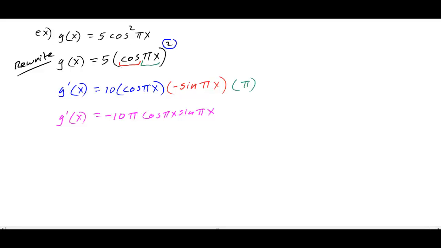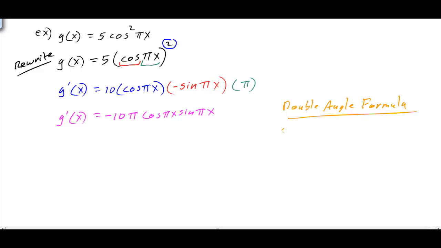So if we look here closely, in your book with some of your trig identities, there's something called the double angle formulas. And we have a double angle formula that we can use.